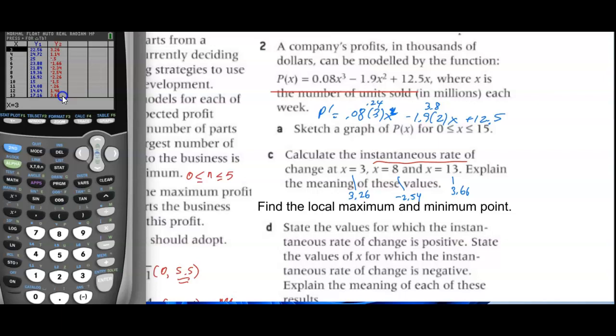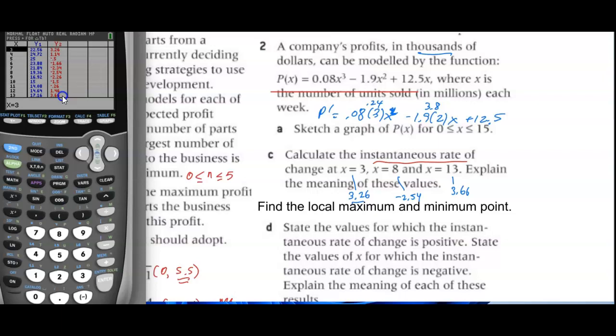Now 3 is not actually 3, it's 3,000, I think, yeah, 3,000. So when you're making 3,000 parts, the profit is going up at $3, well, it's not $3, it's $3 million. Is that right? $3 million. It's going up at $3 million per thousand.